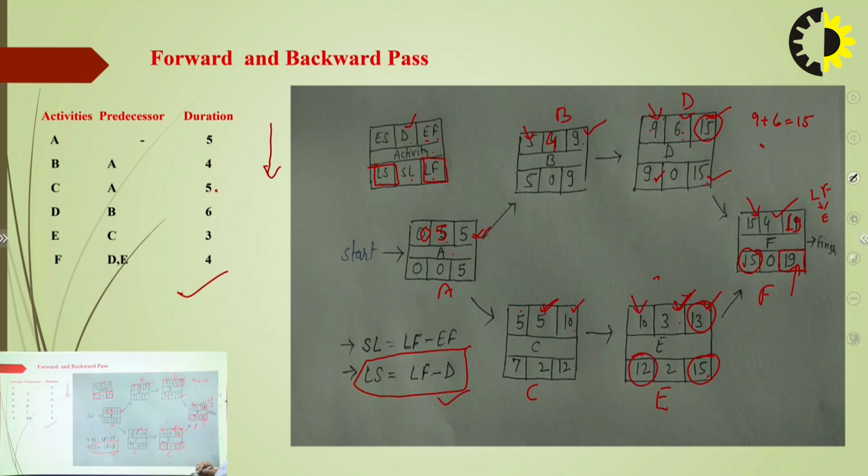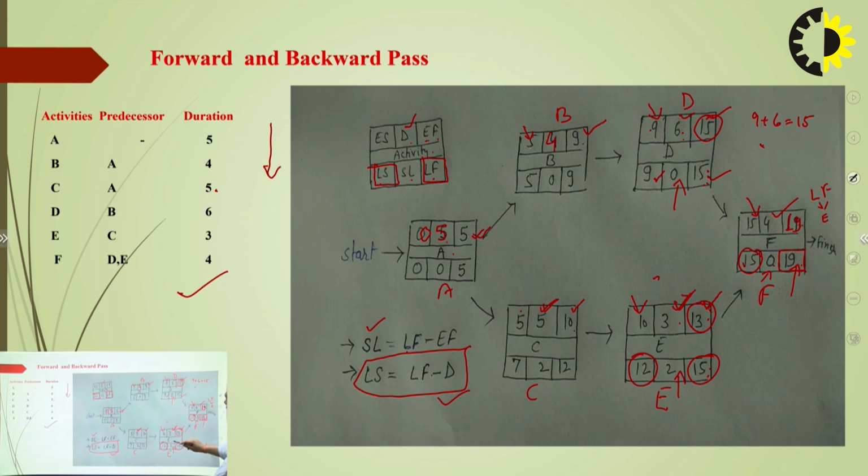Then we find out the slack, or the float value. The float value we calculate as latest finish minus earliest finish. The latest finish is 19 and the earliest finish is 19, so 19 minus 19 is equal to 0. In a similar manner, we find the difference between 15 and 13, which is 2. The float value is 2 here. For 15 minus 15, the float value is 0.